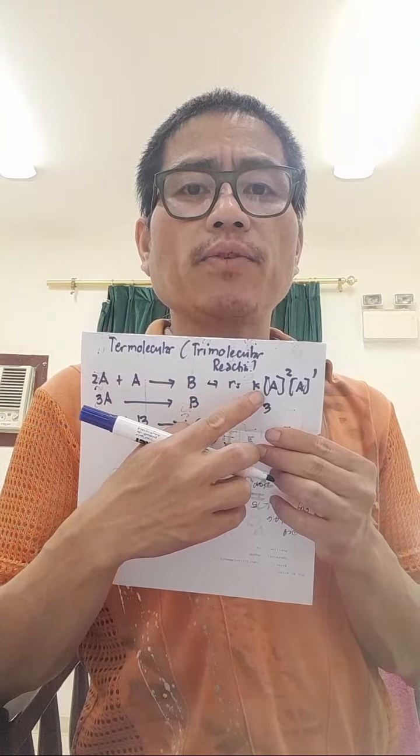And our rate for this equals R equals K, A3. n is equal to 3. Second, 3A, so the rate law is equal to K A raised to the power 3 because 3 is the coefficient. And the last will be this one. So the rate law is equal to K, A2 B1. Then our overall order of reaction is equal to 3.